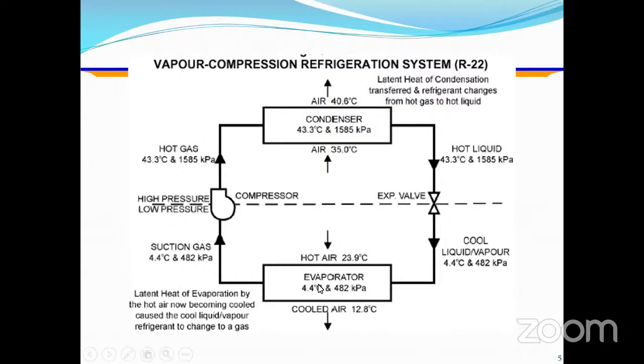It goes again to the evaporator. It cools the product or the air. So atmospheric air becomes cold air. So 23.9 degrees C comes down to 12.8 degrees.